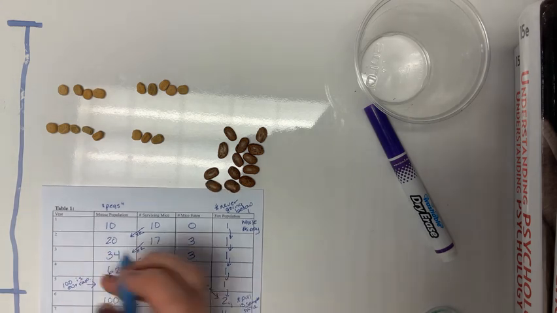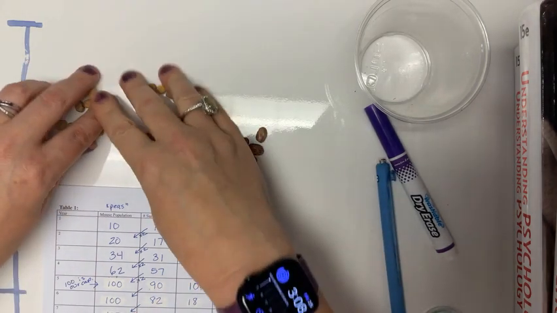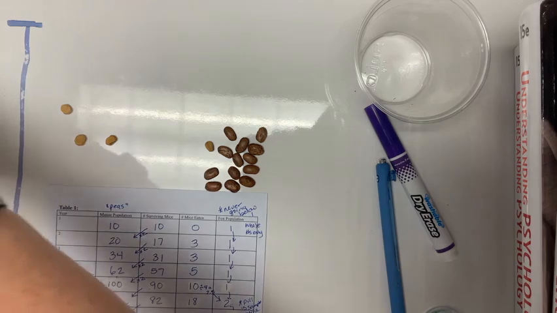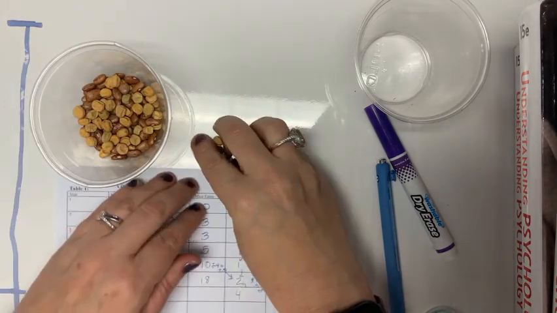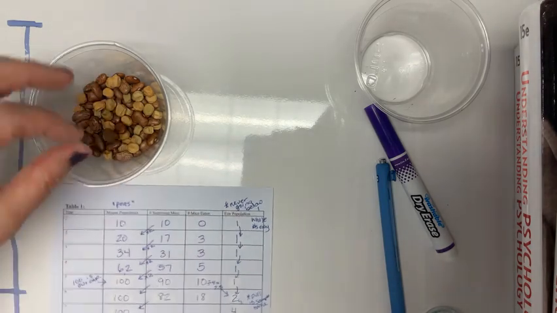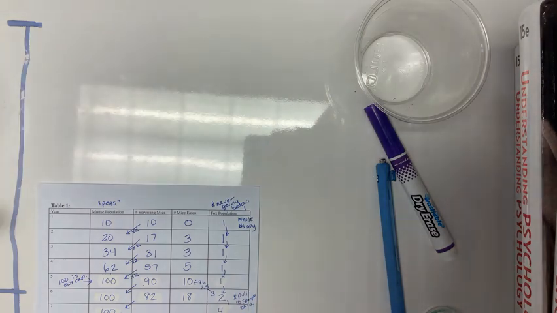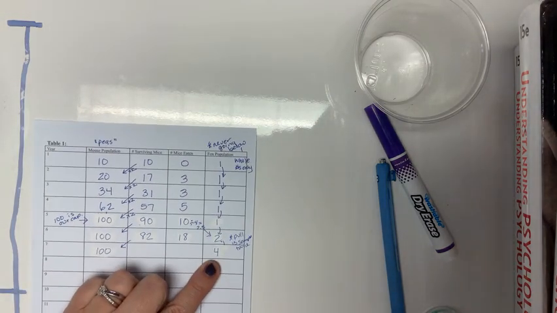So 100 minus 18 is 82. If I double it, then I'm going to hit my max at 100. Okay, so I'm going to put everything back because I want to be at my maximum for my environment of my mice. Now I have 4, okay?